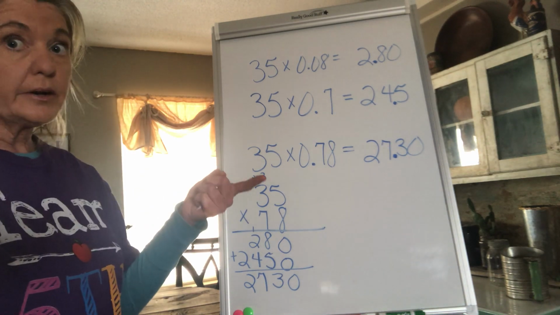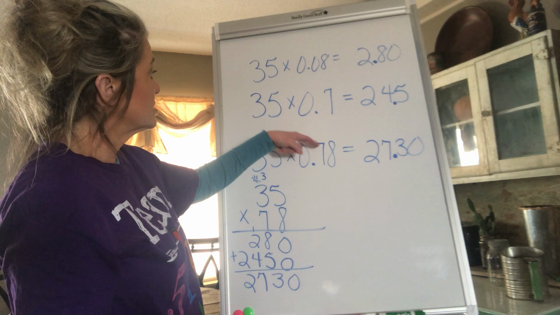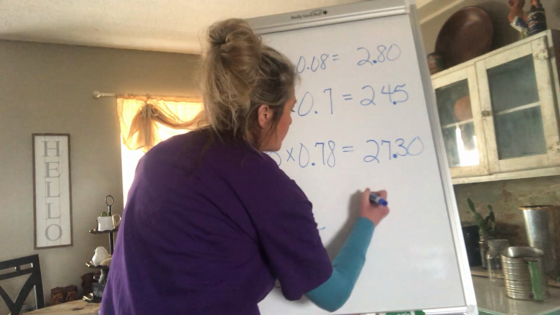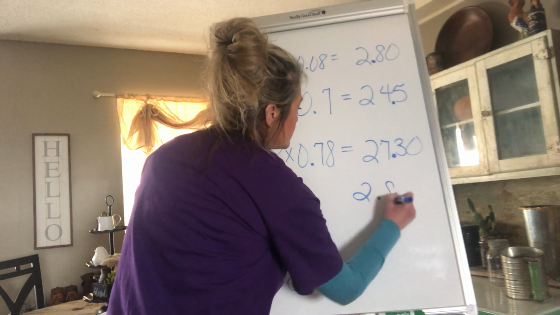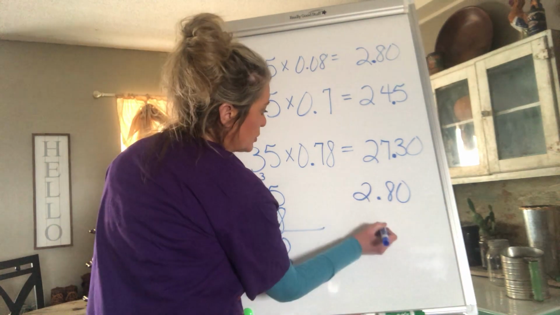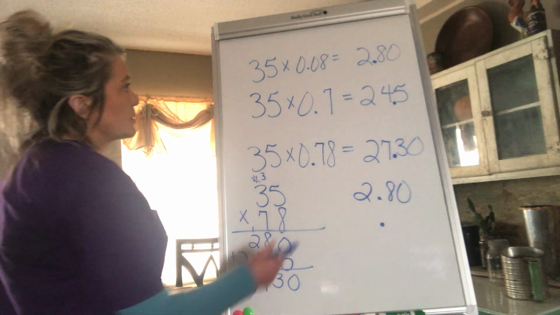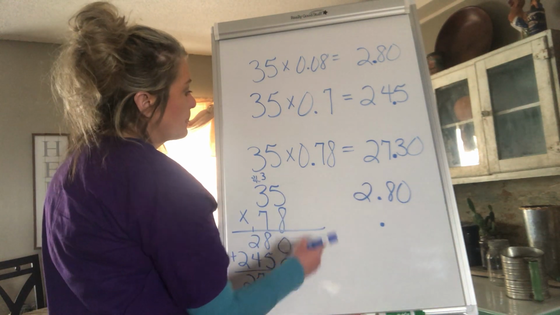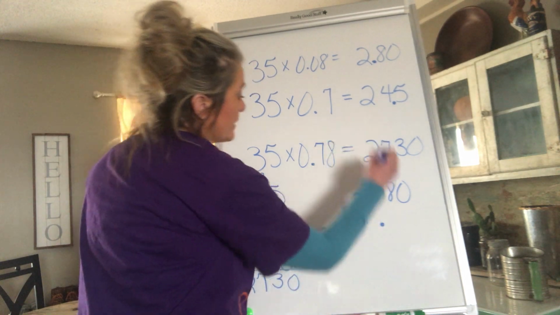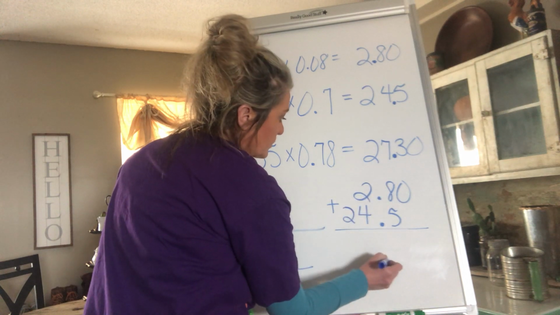Well, let's check my theory a minute ago. I said if I had already found to the tenths, because that was the same, and to the hundredths, I should be able to add them up and get the same answer. Remember, when we're adding decimals, we have to line up that decimal place. So I would go ahead and line that up before I even put my other number on there. So I had 2.80, and then I had 24.5. So remember, we have to line them up if we're adding.